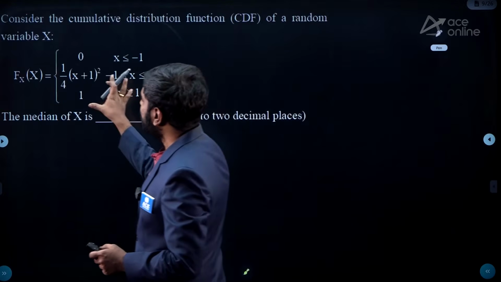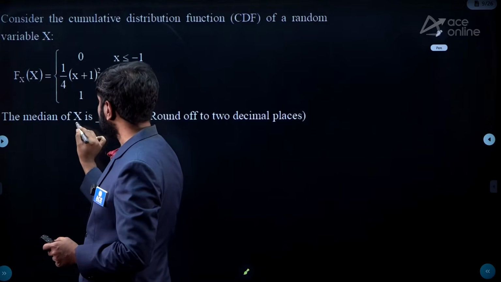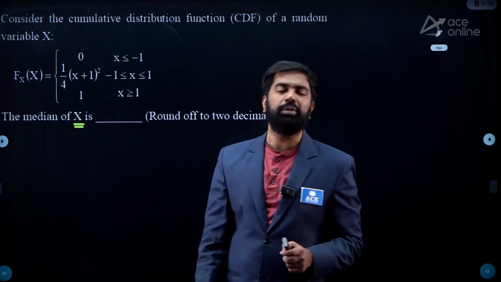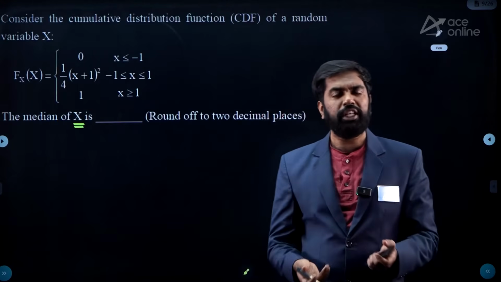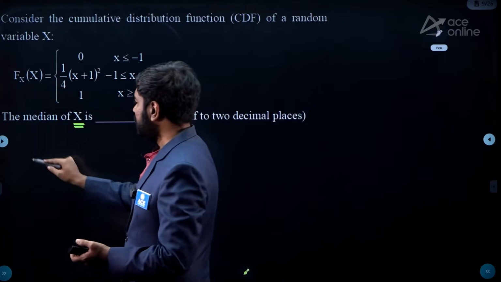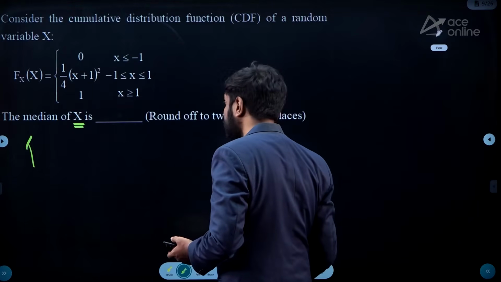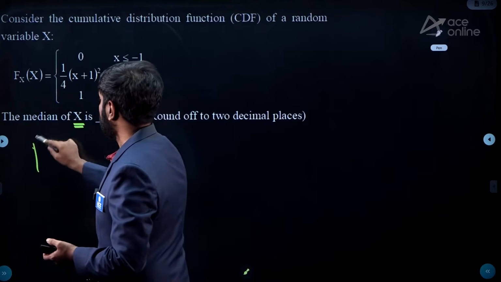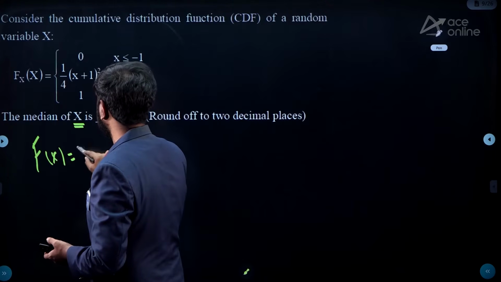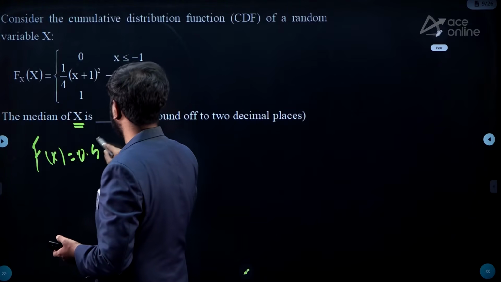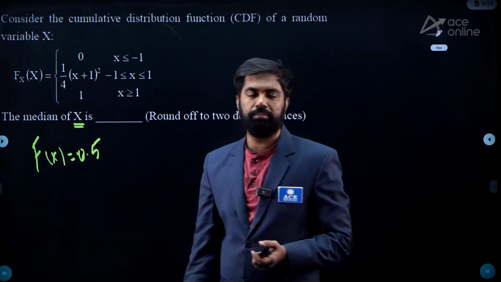Here they gave a CDF and they're asking what's the median of this distribution. When they give you a CDF, you know the procedure? We equate the CDF to 0.5 and then find this x value.